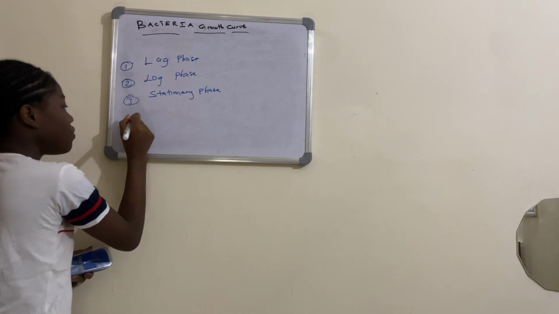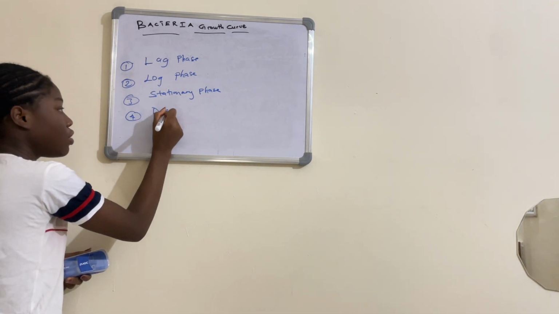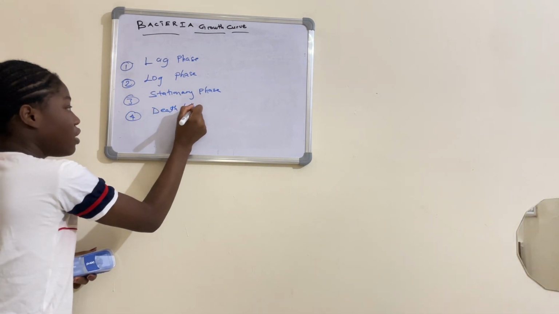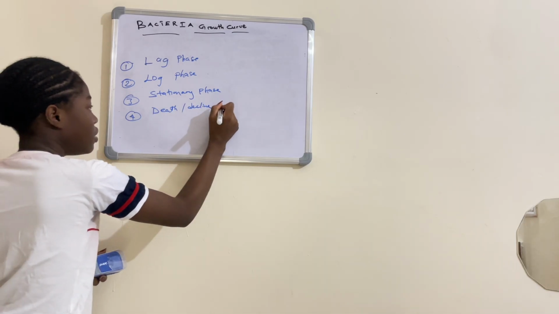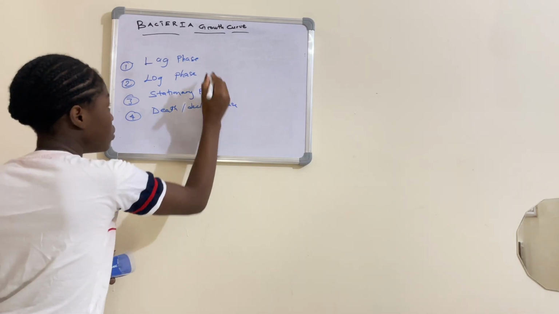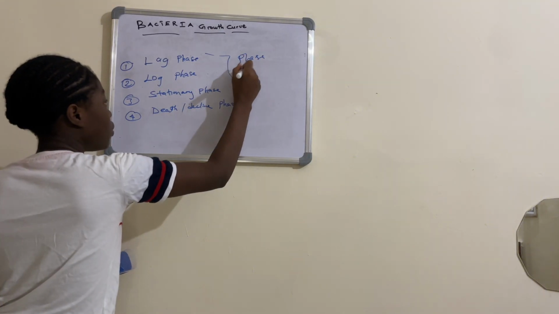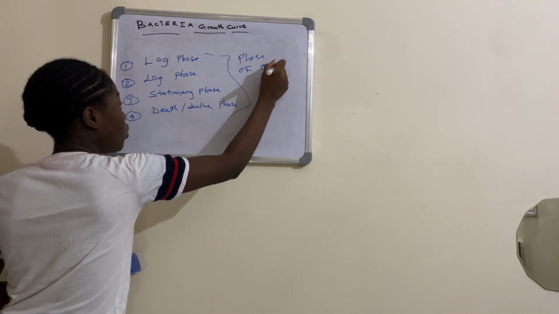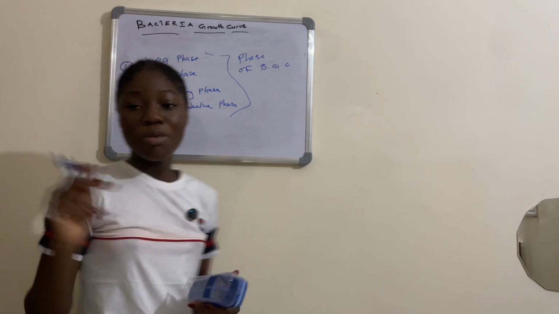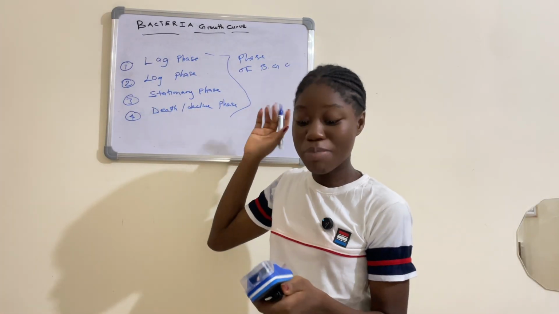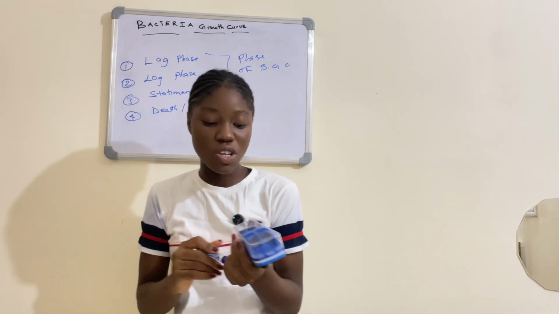And then we have the last phase, which is called the death or decline phase. So these are the phases of the bacterial growth curve. Remember that BGC represents bacterial growth curve, okay? Don't get confused. So let's talk about these phases one after another.